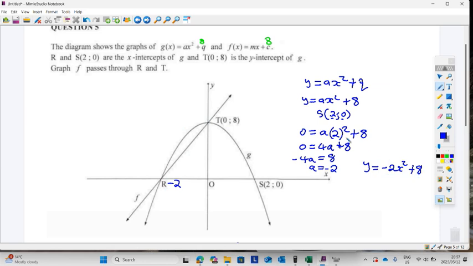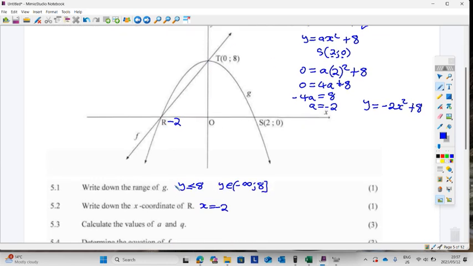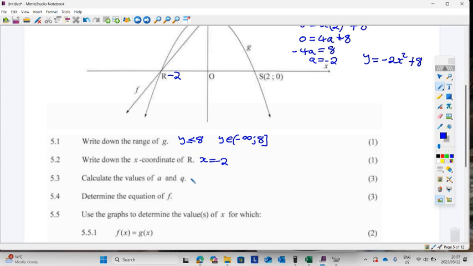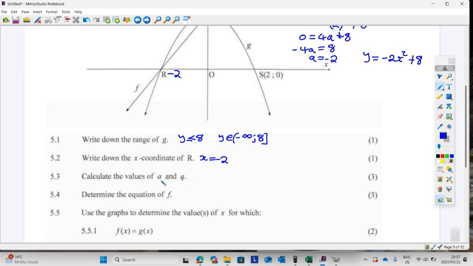And then the y-intercept there, the value of Q, is at 8. So the value of a is negative 2 and the value of Q is 8. Writing the equation in full is negative 2x squared plus 8. Though the question did not really ask for the equation, we'll need it later.